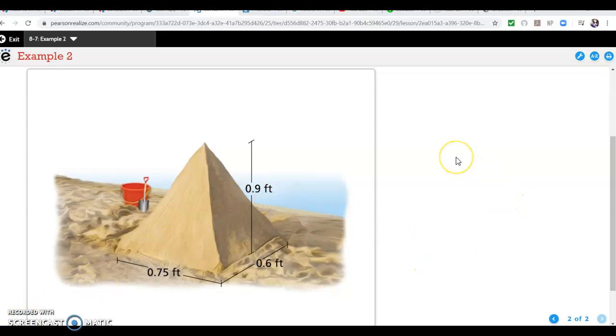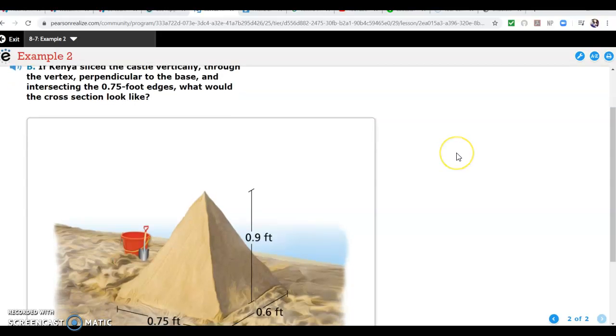Okay, so here's the vocab. They're going to slice it vertically. So we're not going to go across the front and the sides here. That's horizontally. We're going to go vertically, which is straight up and down. They want us to go right through the vertex, which is the tip point here. It's going to be perpendicular to the base, which means we're going to go straight down to the very middle of the pyramid.